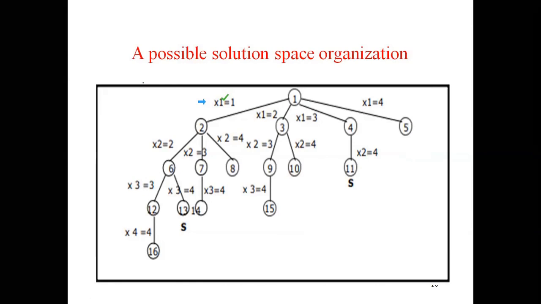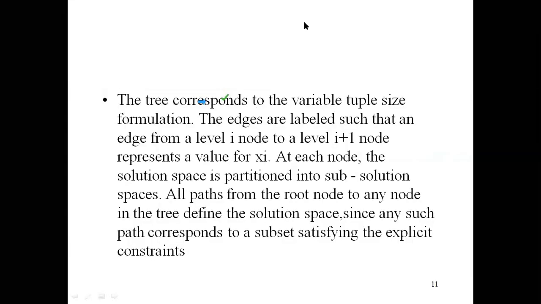Each node in the tree represents the problem state. All paths from the root to other nodes define the state space of the problem. So the tree corresponds to the variable tuple size formulation. The edges are labeled such that an edge from level i node to level i plus 1 node represents a value for xi.